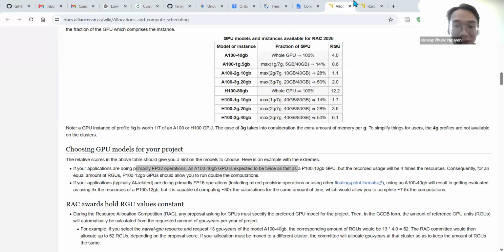Okay, so about the time for the jobs, don't worry if you are requesting longer time than it actually runs.